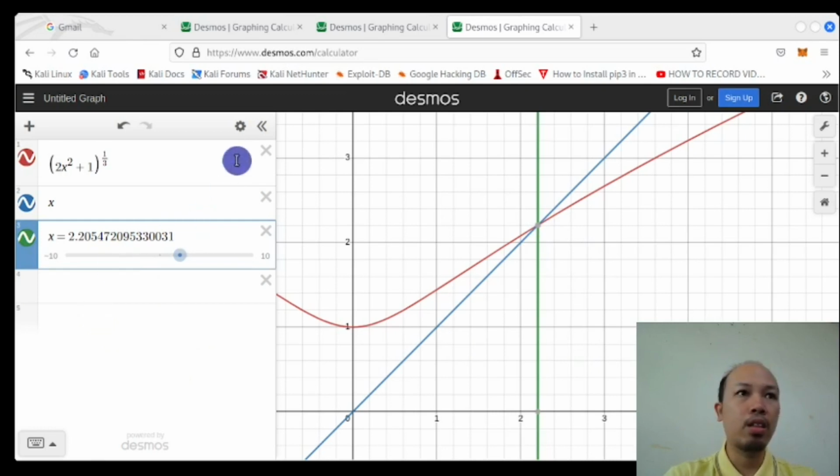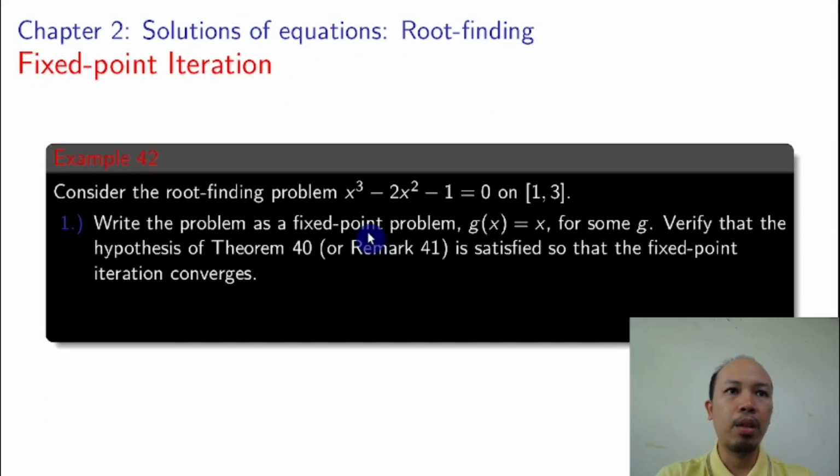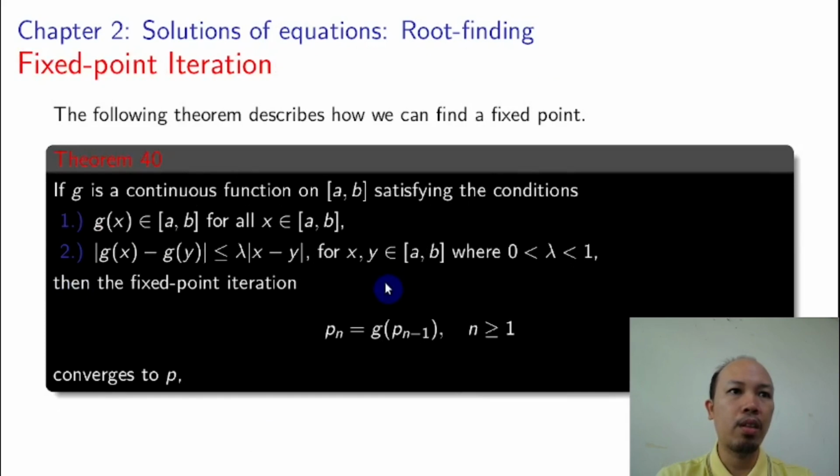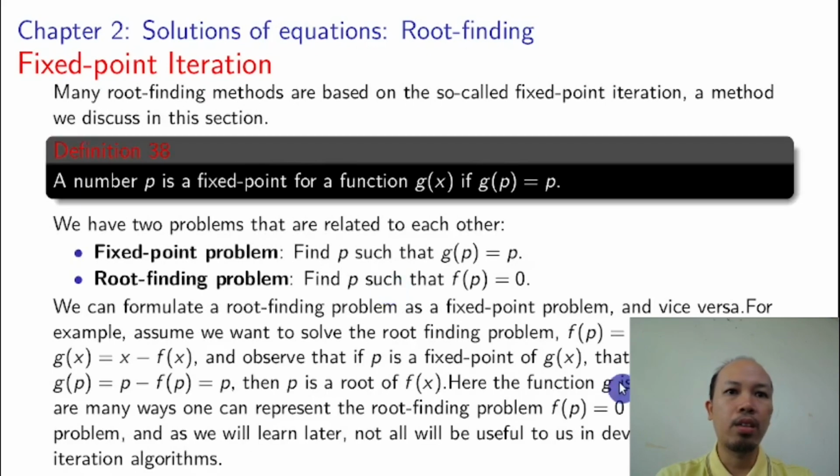Okay, and our function is, let's go to our PDF. Based on our calculation, where are you? This one here. G of x, our function is, our f of x is x minus g of x.